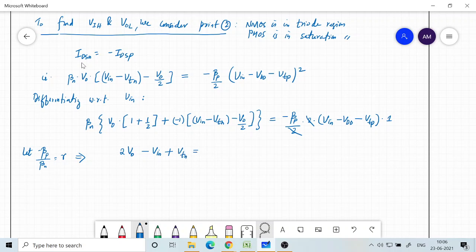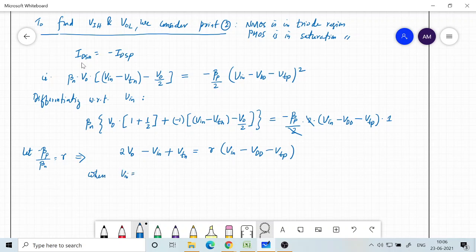So this is the left hand side. I am taking beta n to the other side and writing it as R into Vin minus VDD minus VTP. That's it.